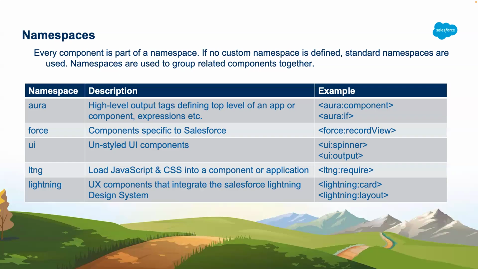But what is the difference between all three of them? Page block table is highly styled. You don't need to do anything, correct? The styling is already applied to it. If you move to the data table, it is also styled, but compared to page block table, I can say it's almost 60-70% there. 30% you still need to do. While in apex repeat, it's completely up to you. You need to build the HTML, the table, TD and TR and all those things, and then build your table inside it. That is called unstyled components.